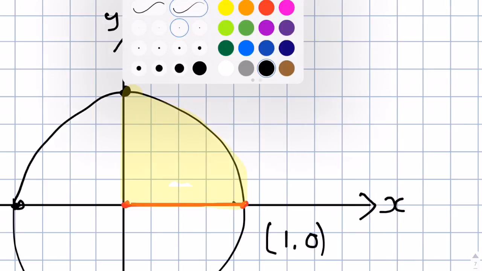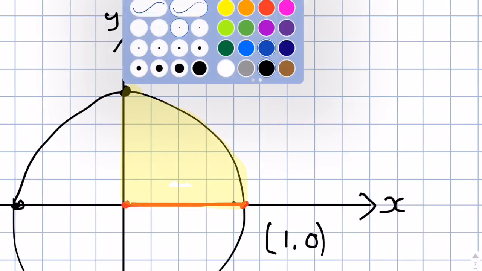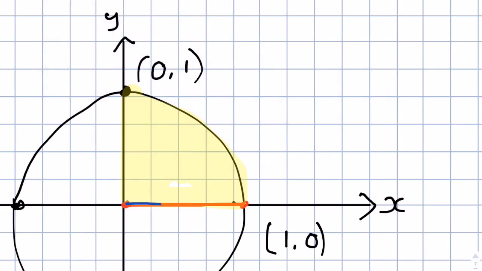So let's draw out an angle. I'm going to start on the positive x-axis, and to make an angle I'm either going to have to move clockwise or anti-clockwise.